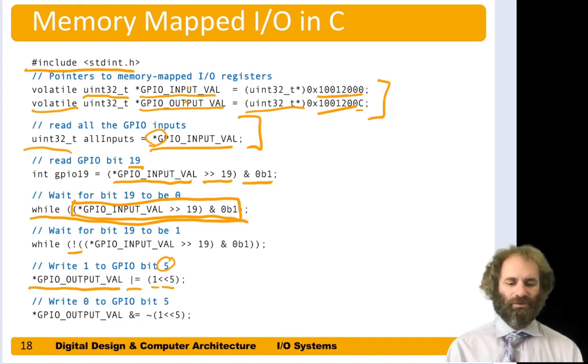Similarly, if we wanted to force the 5th bit to be 0, we could take a 1, move it left by 5 into the 5th column, and then NOT it. And now we're left with 1s in every column except the 5th bit, a 0 in the 5th bit. If we AND that with the value of the GPIO register, then anything AND 1 is itself, anything AND 0 is 0. So we'll leave all the bits the same, except bit 5, which will be forced to 0.